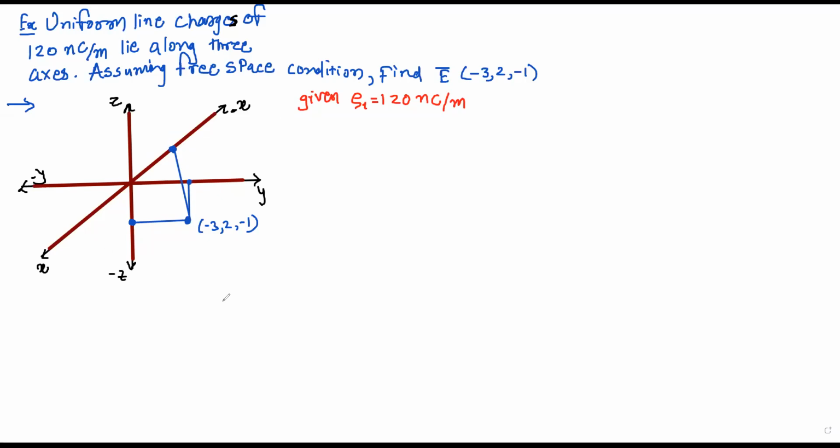If the point is here, it will be (0, 0, -1). Correct. Now for this point, it will be (0, 2, 0). And for this case, it will be (-3, 0, 0). Absolutely correct.